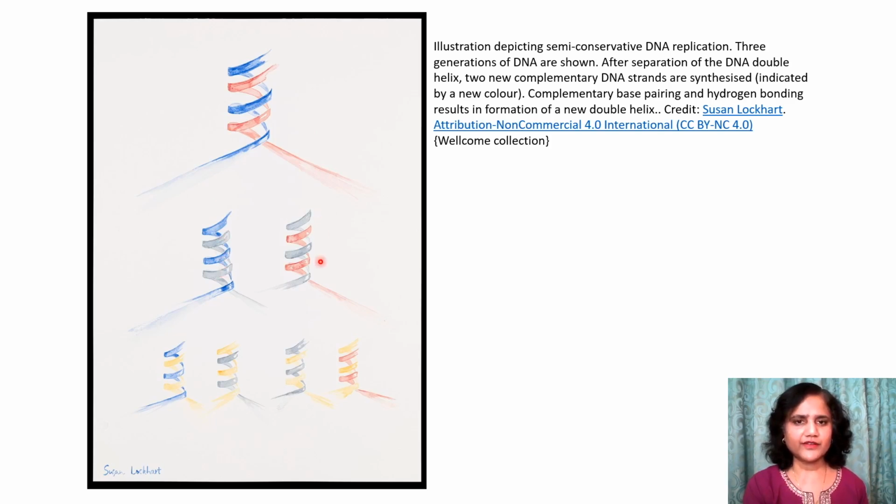In contrast with the conservative model, which would predict that the entire new DNA duplex would be formed with both newly synthesized strands, or also in contrast with a dispersive model where new DNA synthesis would start on both the strands at short distances, forming regions of new DNA which are dispersed among the old DNA on both the strands.